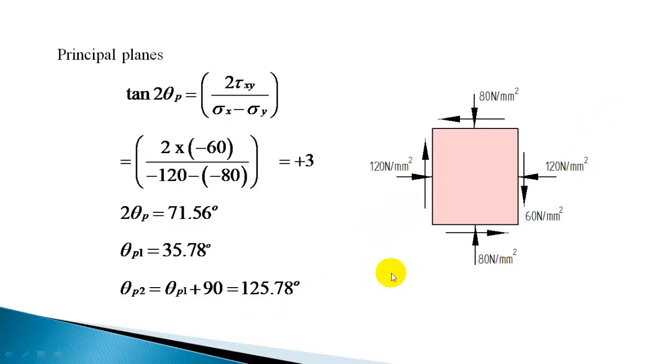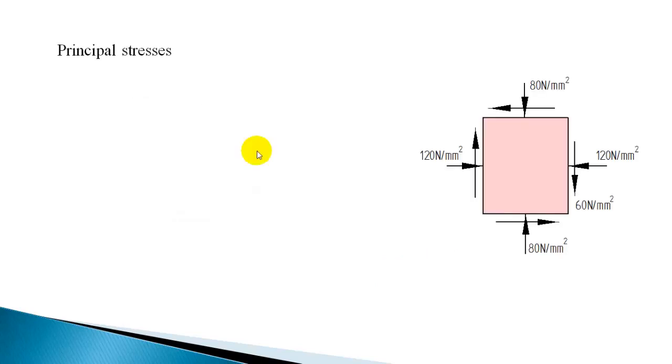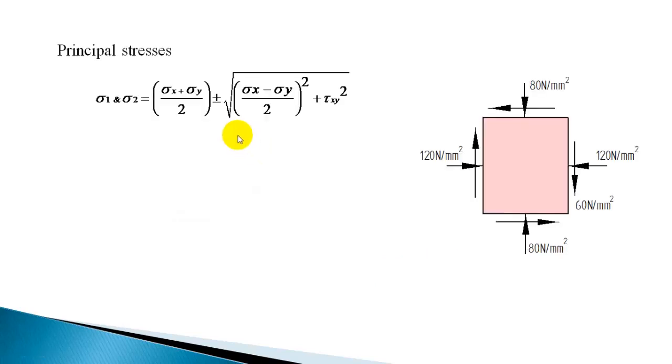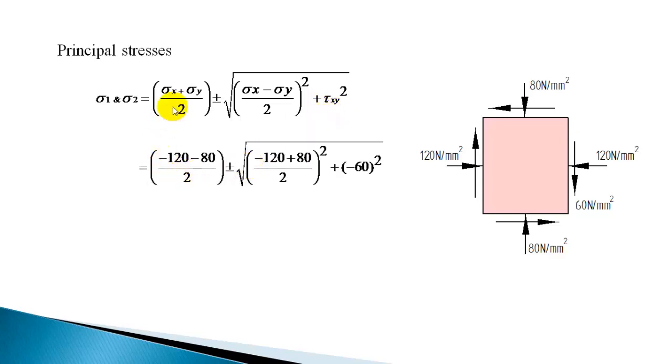Now let us find out the principal stresses associated with these planes. The principal stresses formula is sigma 1 and sigma 2 is equal to sigma x plus sigma y by 2 plus or minus root of sigma x minus sigma y by 2 square plus tau xy square. Now let us substitute the values. Sigma x is minus 120 and sigma y is minus 80.